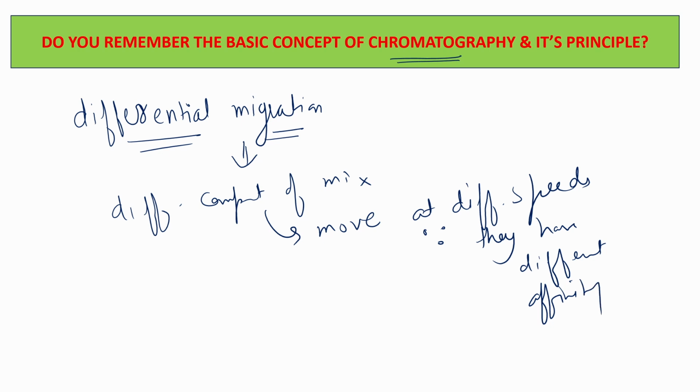For example, some components are more attracted to the stationary phase while others prefer the mobile phase. And this difference helps us to separate them.